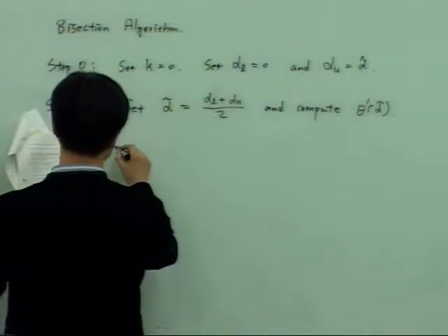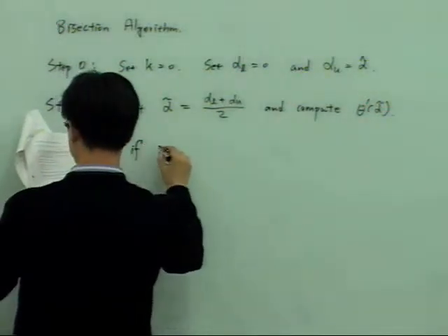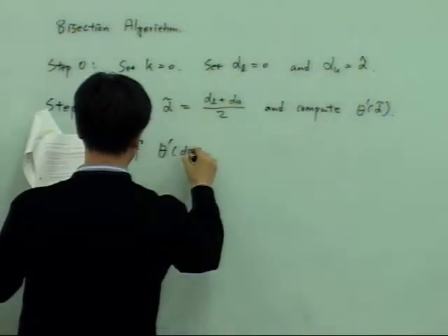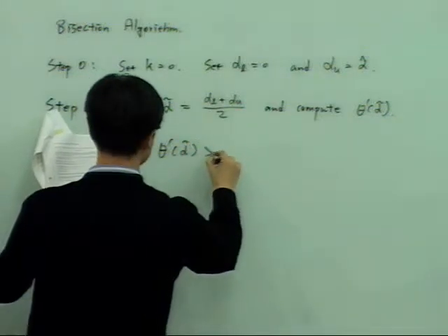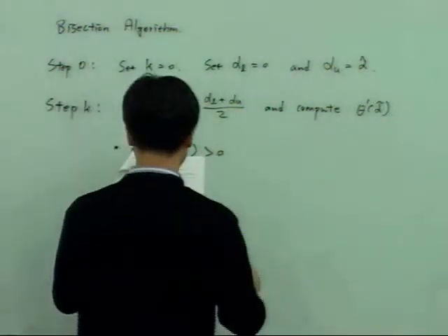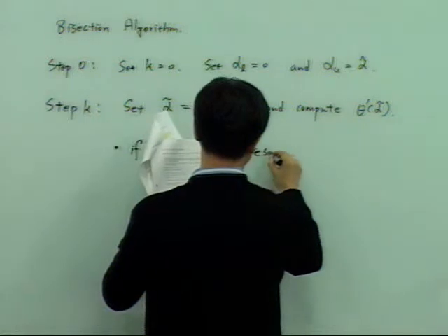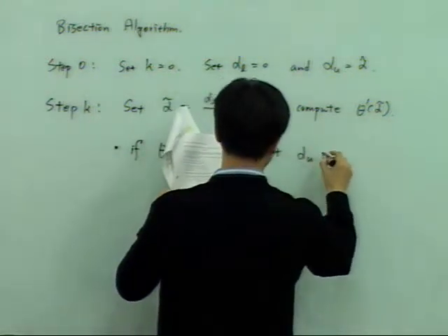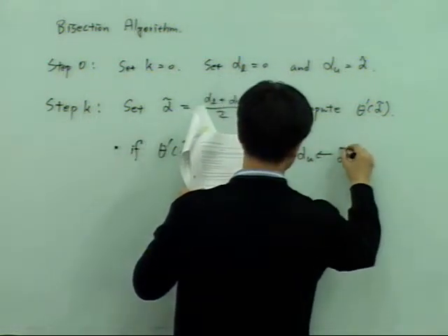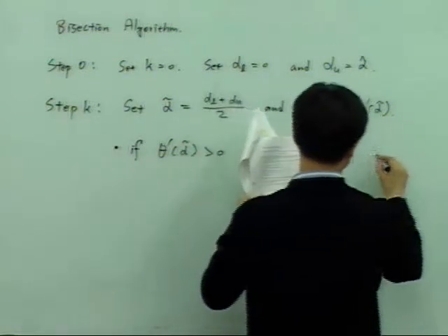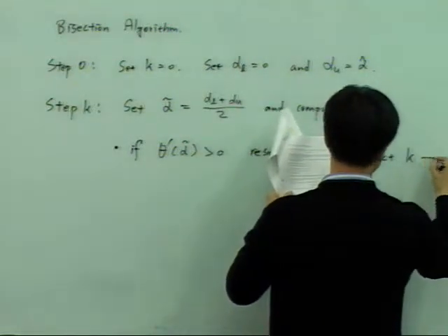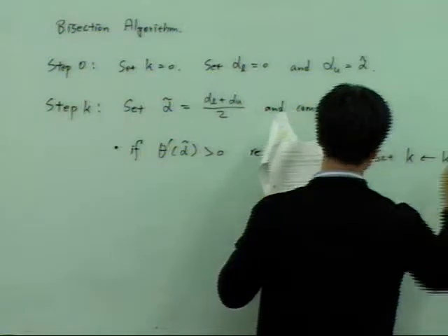And there is some if statement. If zeta prime alpha tilde is greater than 0, reset alpha upper to alpha tilde and set k equal to k plus 1.